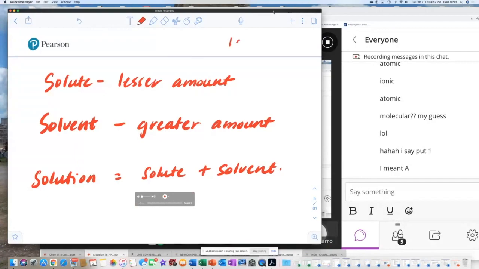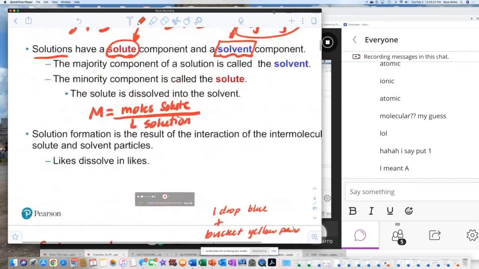If you mix 1 drop of blue with a whole bucket of yellow paint, the overall paint will look yellow, even though you added some blue there, because you have more yellow paint than blue. So the dominant amount, the greater amount, tends to affect the physical appearance of the solution. Okay, so just in case you're thinking about that.